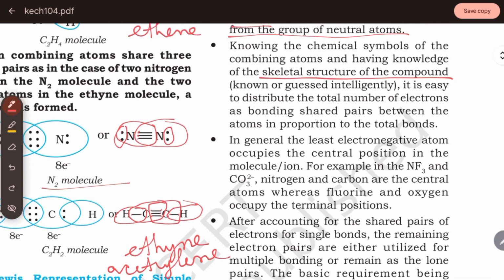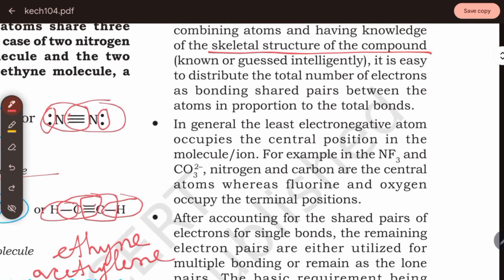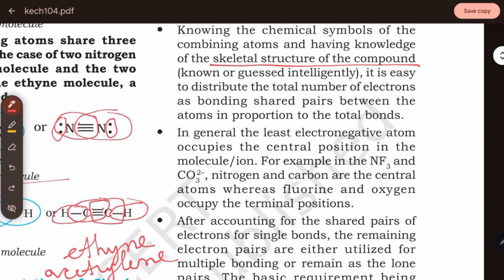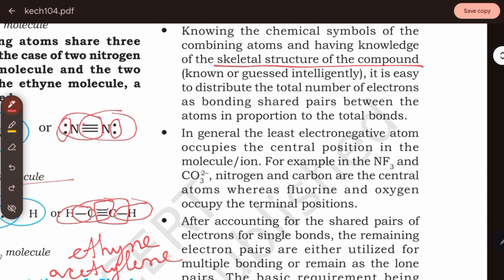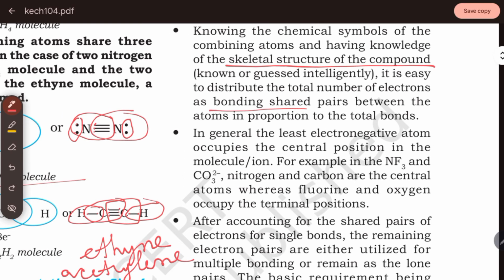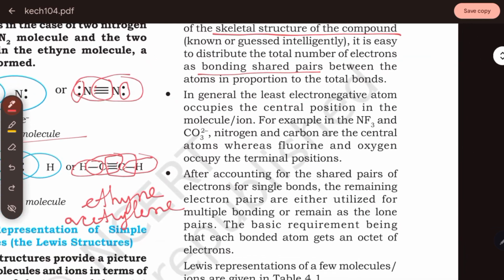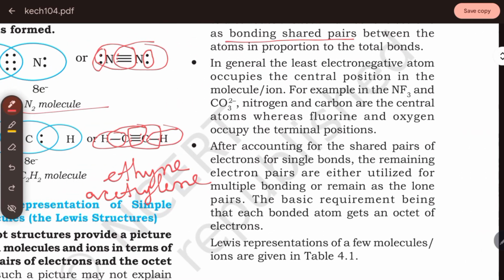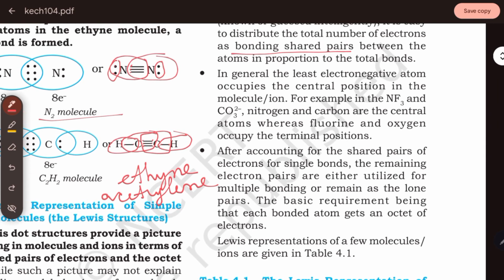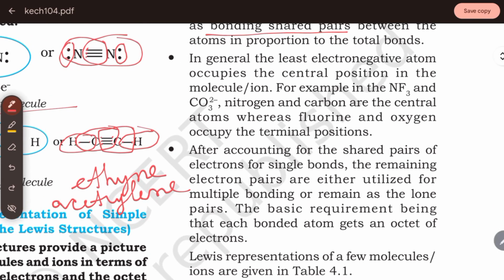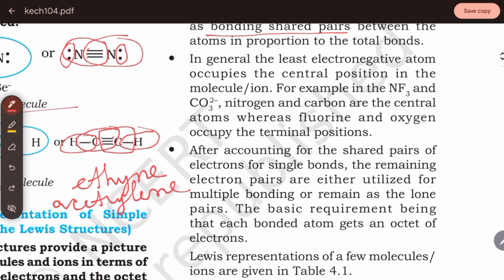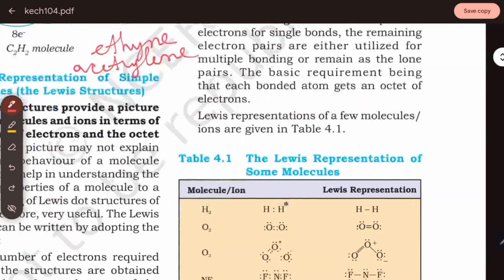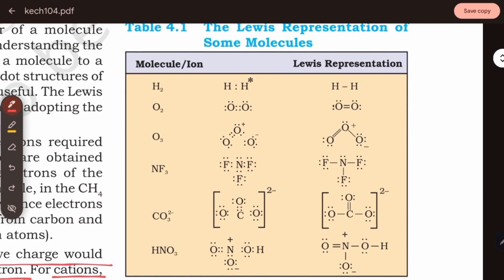Align the atoms, and then see how octet configuration can be attained by bonding or by the sharing of electrons. You should have some prior knowledge regarding the basic structure. If you use the concept of bonding and the octet rule, you can get the final structure. Let us see some examples.